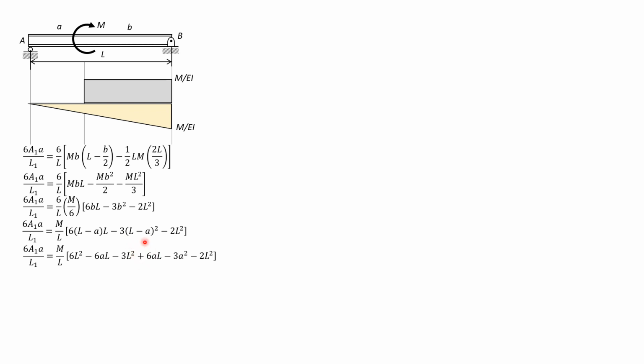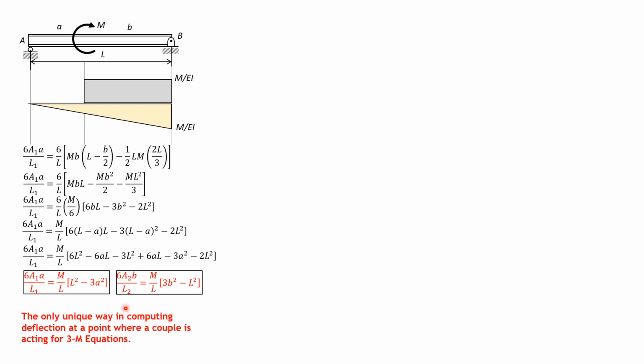The last term is A squared, so times negative 3, so negative 3A squared, then minus 2L squared. Combining like terms, 6L squared minus 3L squared minus 2L squared is equal to L squared. Then we can cancel out negative 6AL and positive 6AL. Then we have minus 3A squared. So that's the formula: M over L times quantity L squared minus 3A squared. So for 6A2b̄ over L2, it should be M over L quantity 3B squared minus L squared.